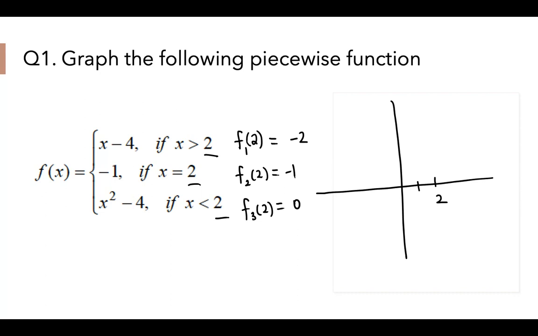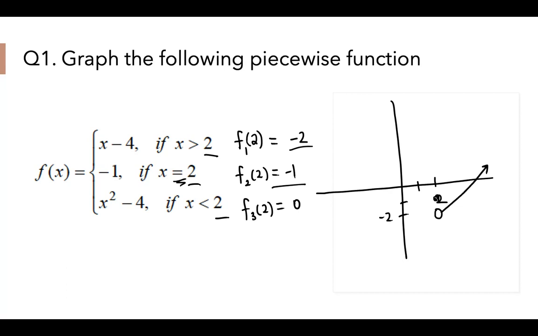So when x is greater than 2, it starts at negative 2, but it's not including negative 2, so it's going to be an open circle, and it's going to go this way. Now, when x is 2, y is going to be negative 1, and it's an equal sign, so it's including that point.